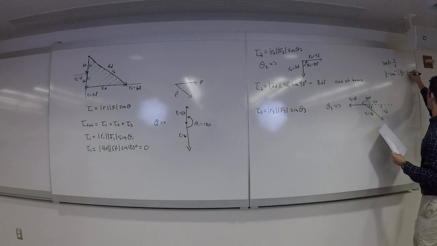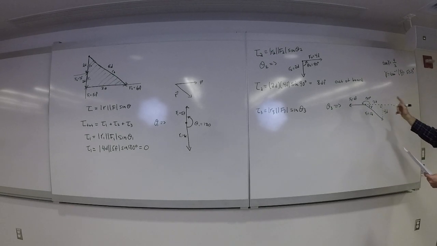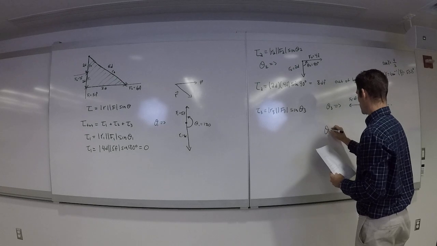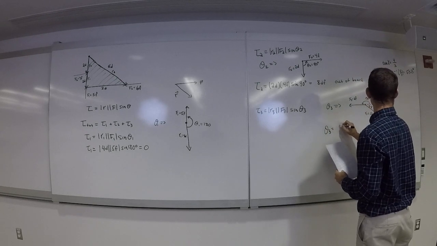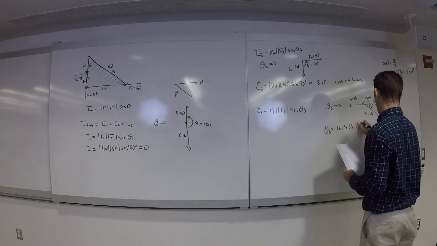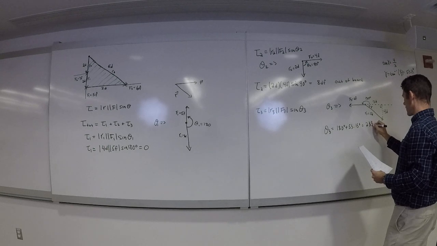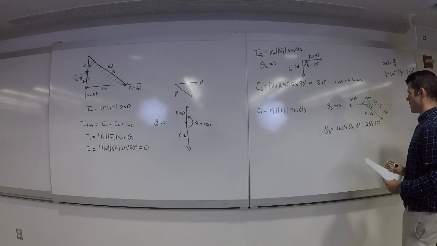That gives us an angle of 53.13 degrees. So the angle theta 3 in this case would be the sum of both: 180 degrees plus 53.13 degrees. This gives us a total angle of 233.13 degrees.